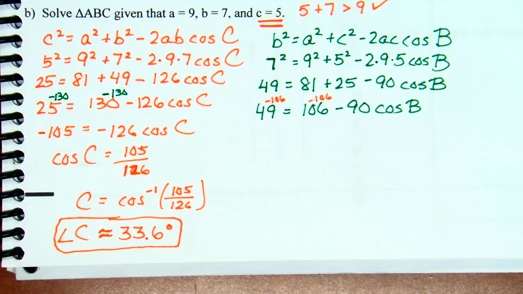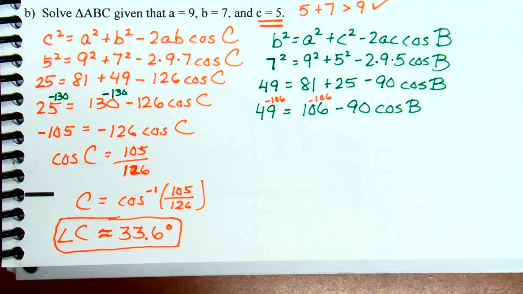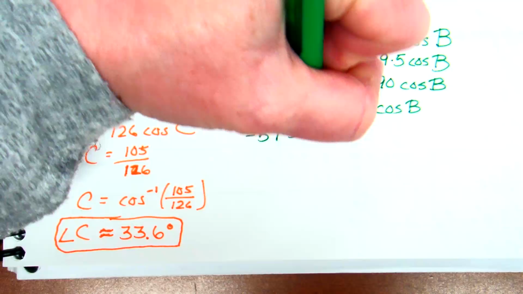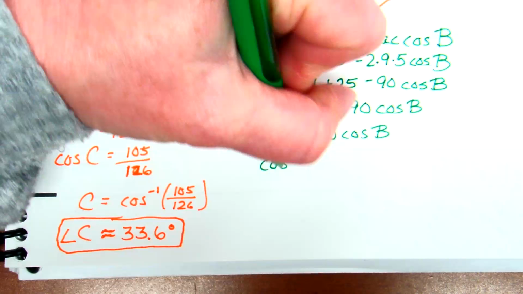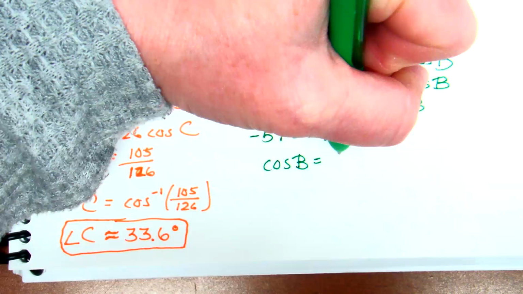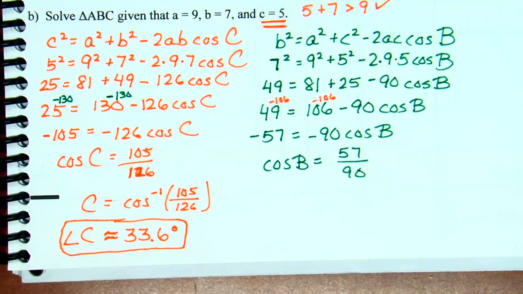I'm sure some of you have already found shortcuts of ways you like to do it, so that works. 49 minus 106, negative 57, equals negative 90 cosine B. To get cosine B by itself, we're going to divide the negative 90 away. So negative 57 divided by negative 90 is really positive 57 divided by positive 90.